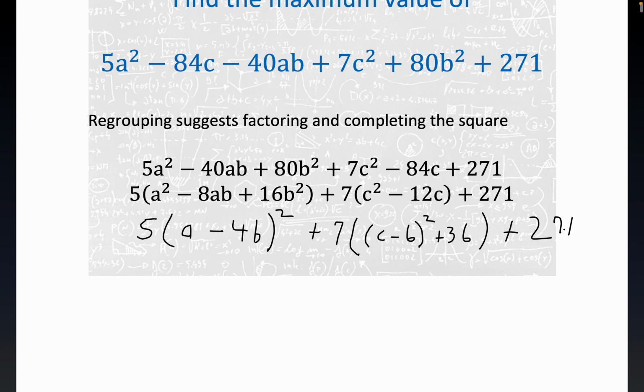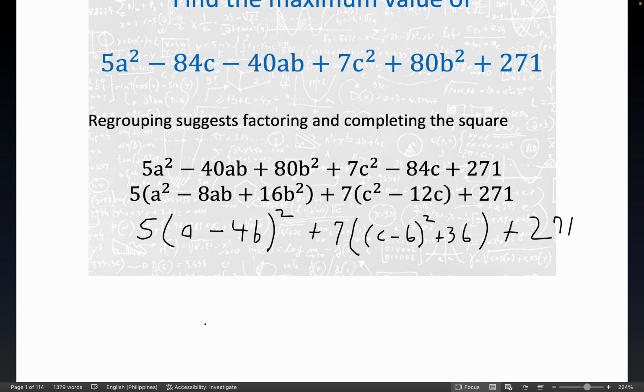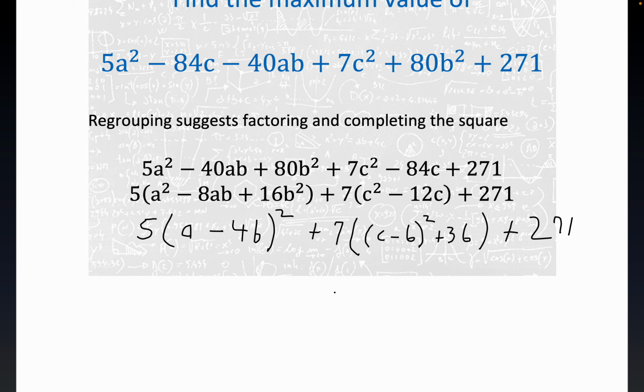Now let's carry on. So the very same thing right here. I'll just do this piece. So 5 times A minus 4B quantity squared. And if you'll notice what happens right here, 7 times 36 is 252, right?